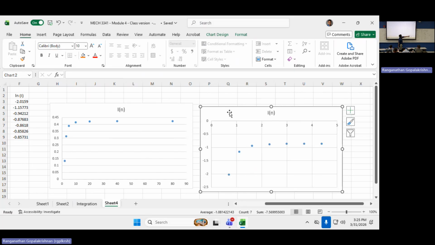So the takeaway for integration from here is, as n increases, I converges to the exact value.